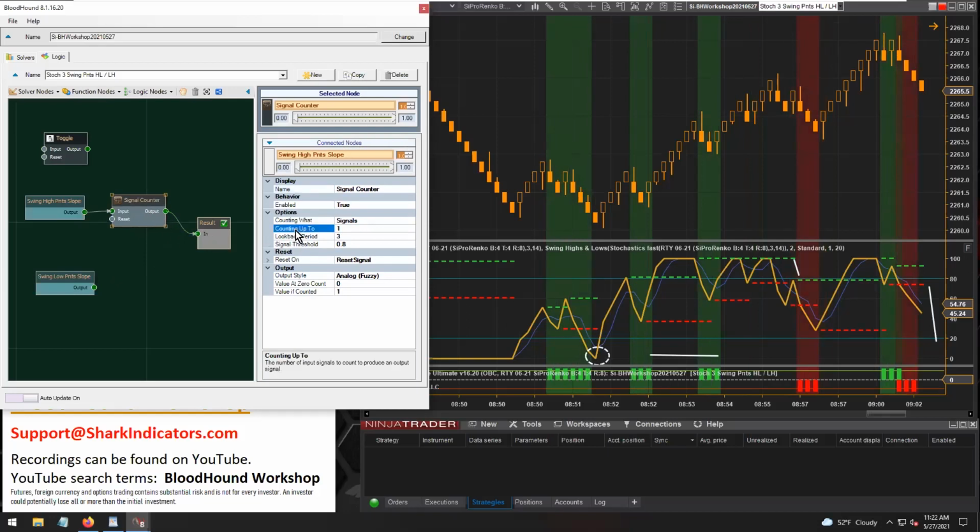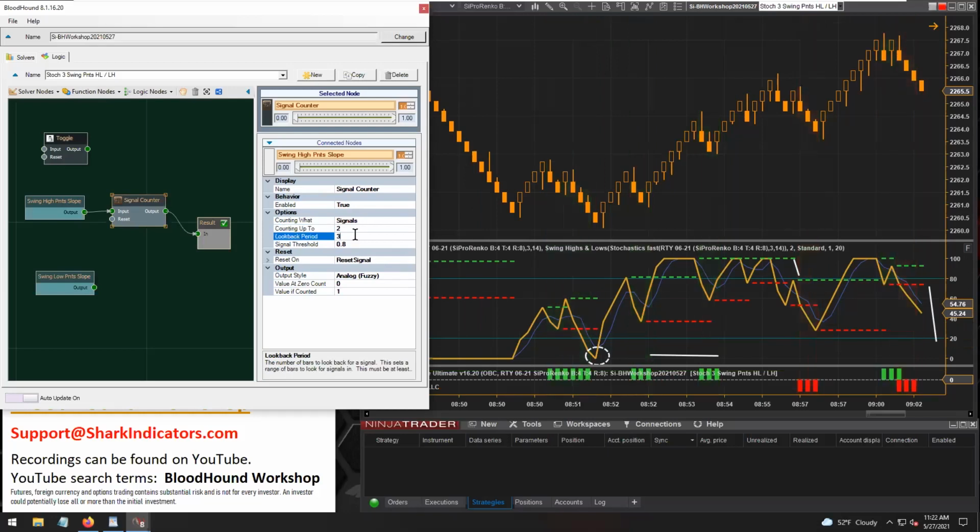All right, so with the signal counter, we want to count a minimum of 2 long signals. And let's see, our look back period, probably, let's try 10 bars. See if 10 bars is enough.